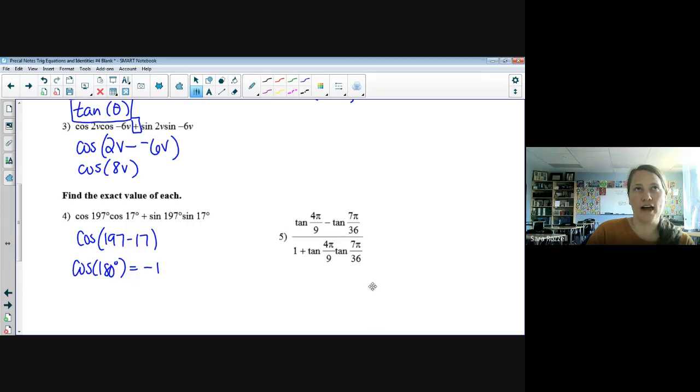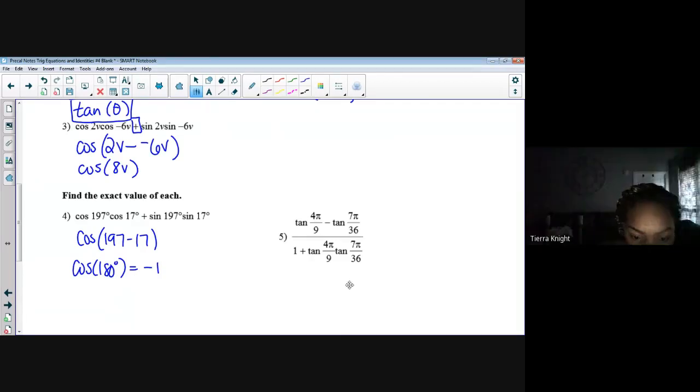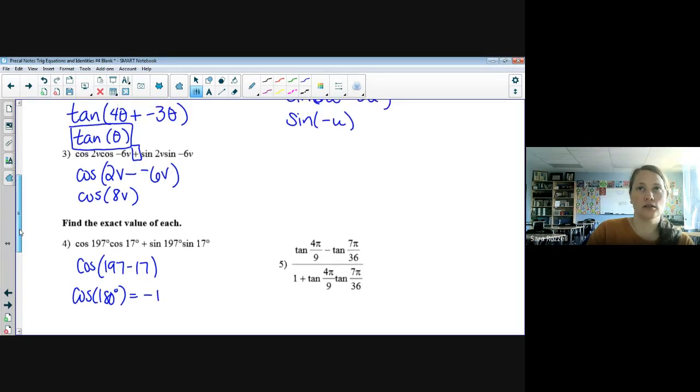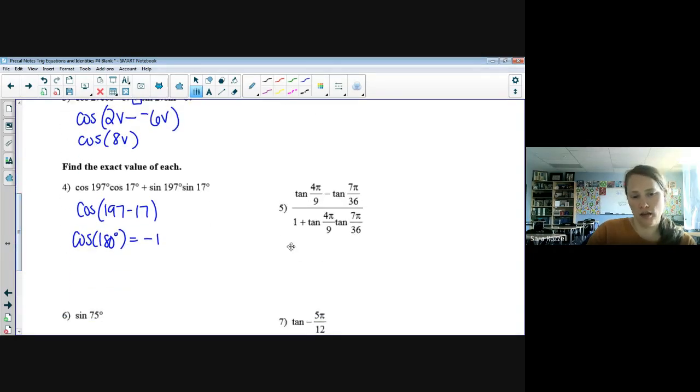Right, on number 5, is this a sine, cosine, or tangent formula? It's tangent. Is it a plus or a minus? It's a minus, okay. So we got tangent of 4 pi over 9 minus 7 pi over 36. Let's work that out to the side.